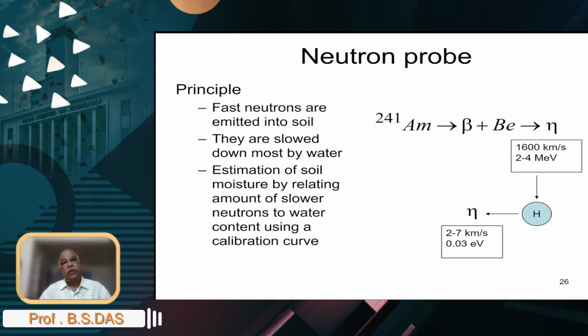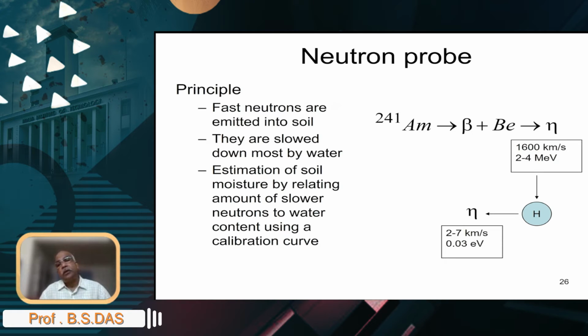Americium emits particles which interact with the beryllium atom and release very fast neutrons, and these fast neutrons have very high energy, about 2 to 4 million electron volt. They travel very fast, 1600 kilometers per second.